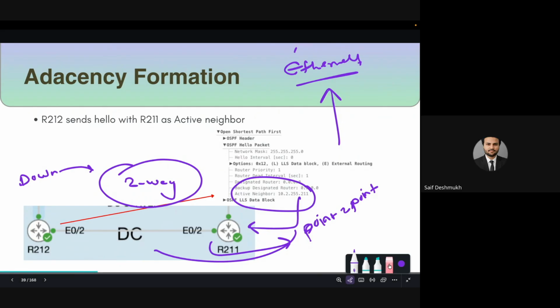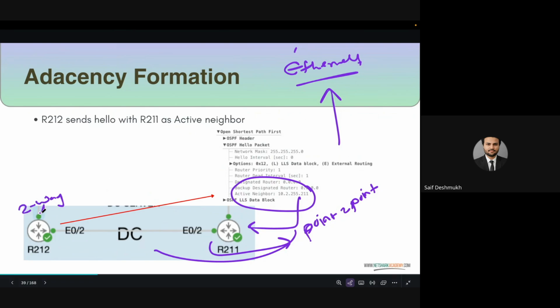Are you with me up to the point where I said this guy? Do you understand how this guy got to two-way state? Now this guy is still in init state, and it's still sending its own hello packet. Router 212 is sending a hello packet, but now it's in two-way state. It has seen a hello packet from this guy with its own router ID as an active neighbor.